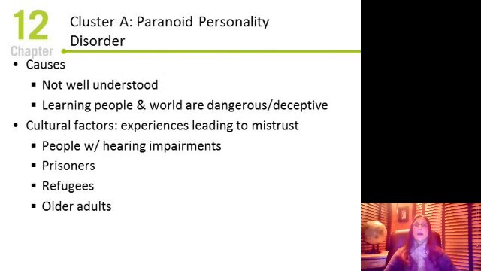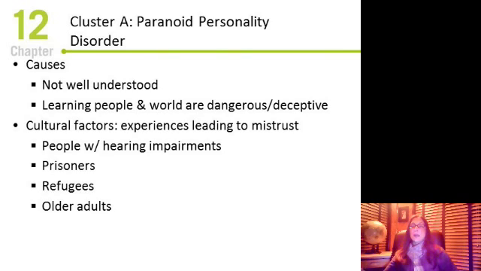Okay. Paranoid PD, the causes are not well understood. They may involve early learning that people in the world are dangerous and deceptive. Cultural factors: it's more often found in people with experiences that lead to mistrust of others.